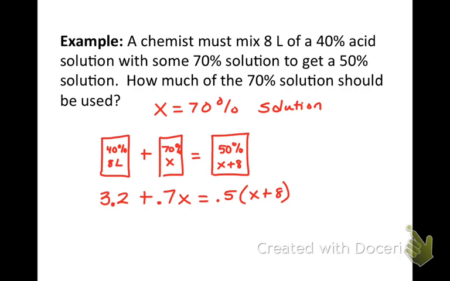Do you want to get rid of the decimals, or do you want to keep the decimals? Which would you guys prefer? I don't really care either way. If I wanted to get rid of the decimals, I would just move all of my decimals over 1. Do you want to do that, or stick with decimals? Okay, so if I multiply everything by 10, I don't have any decimals anymore. Go ahead and solve that. Find your x.